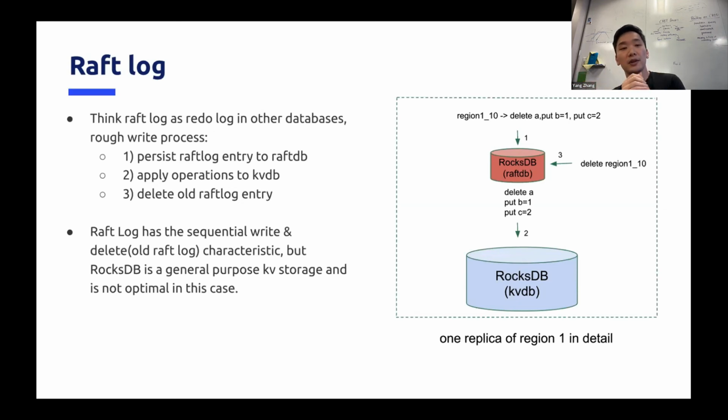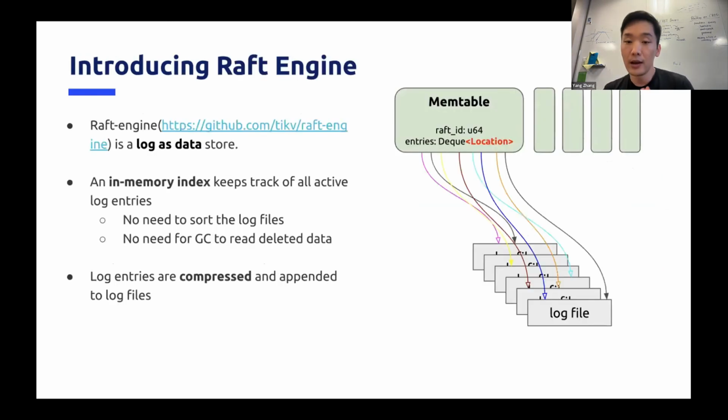But Raft log has certain natures: it's basically sequential write and delete. What that implies is that we don't really need the merge operation of RocksDB; in other words, RocksDB is too heavy for us. So we created an engine called Raft Engine.